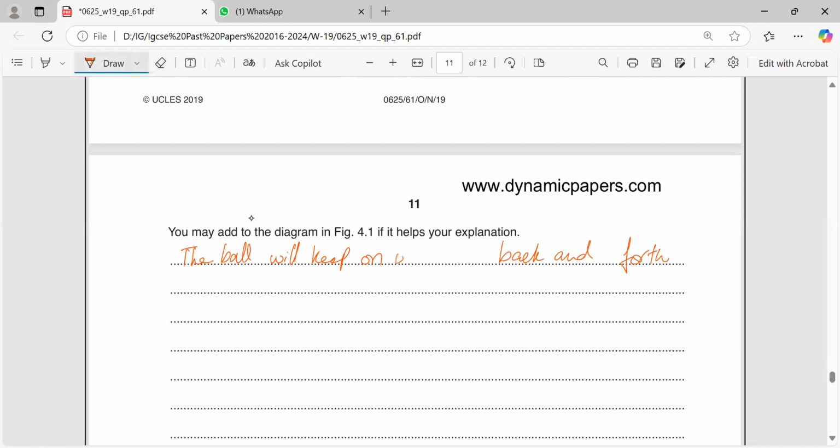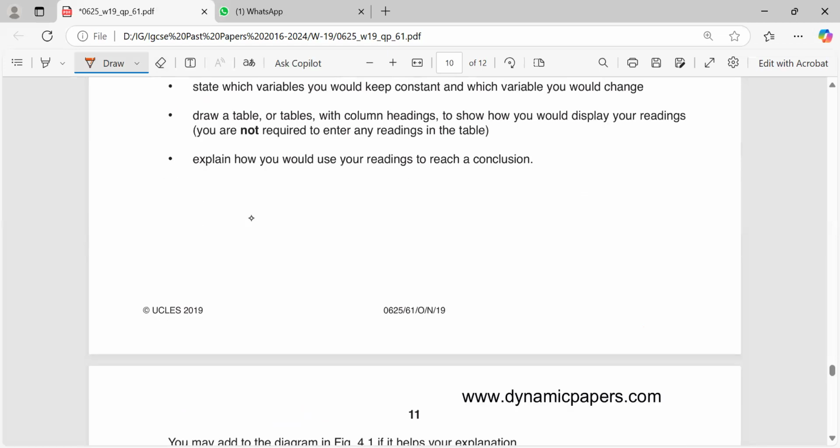The ball will keep on oscillating back and forth like a pendulum. So this is the first point which we need to discuss.